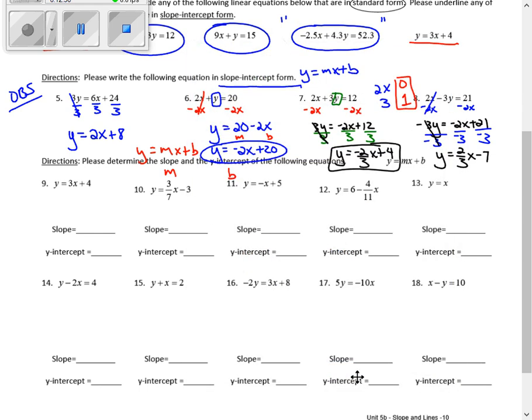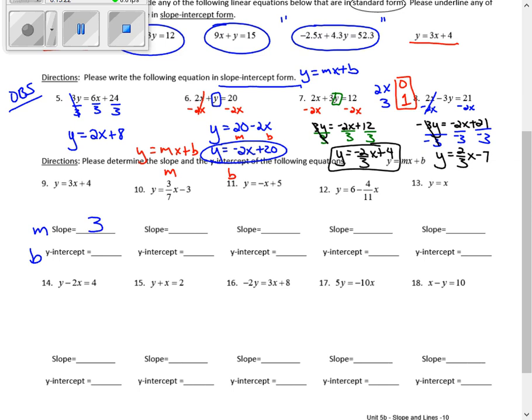Excuse me. And what do we have? While looking for the slope, which is m, and looking for the y-intercept, which is b, we look at our form and say what? m is the number that multiplies the x, and b is the number without a variable. It's called a constant. So, in problem 9, the multiplier of the x is 3, that is the slope.